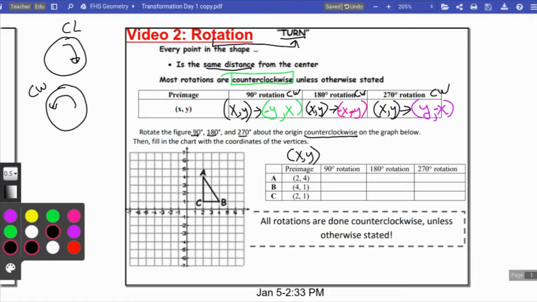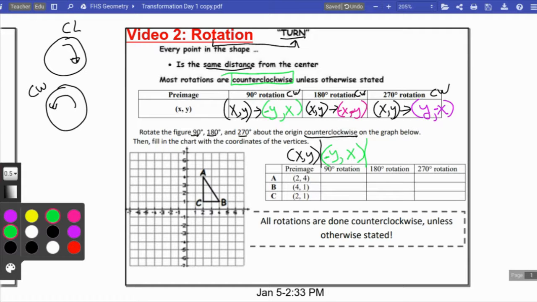I'm going to put a line right here. Now we're doing 90 degrees, the green one, and I'm going to put the new rule for it right there.